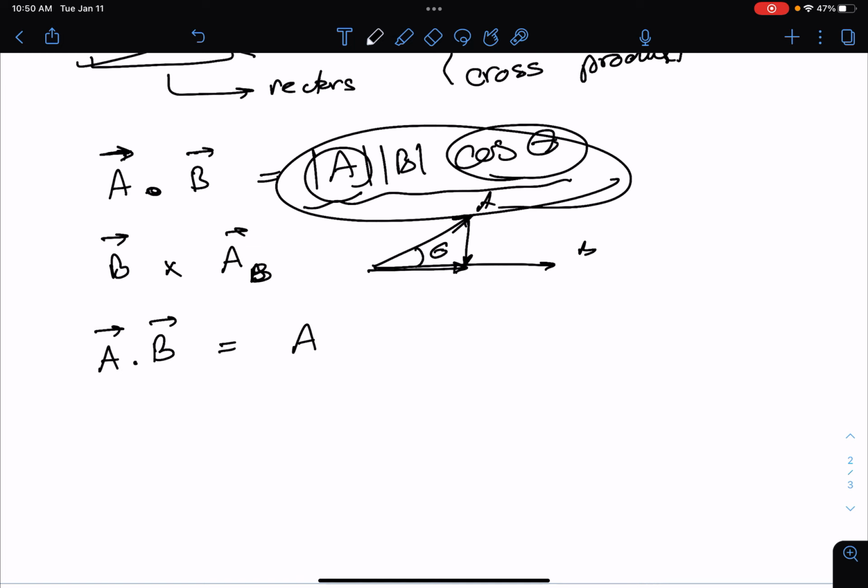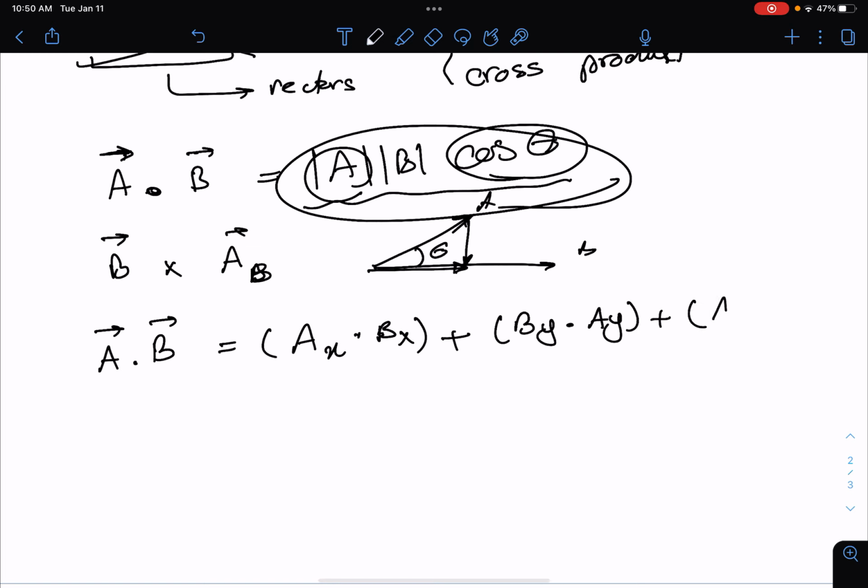So the dot product of A and B is going to be ax multiplied by bx, where ax and bx are scalars, plus ay by, plus az bz. So the dot product of two vectors is going to give us a scalar.